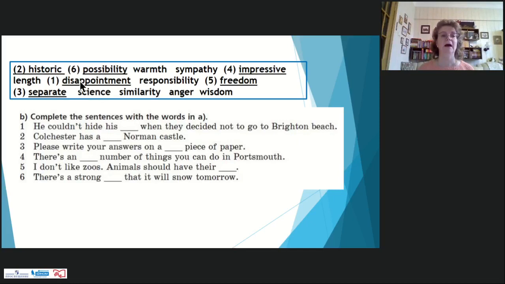Colchester has a historic Norman castle. Ну, сразу понимаем. По слову castle – замок. Конечно, исторический. Please write your answers on a separate piece of paper. На отдельном листочке бумаги. There's an, и артикль an нам уже подсказывает, что слово должно начинаться обязательно с гласного звука.